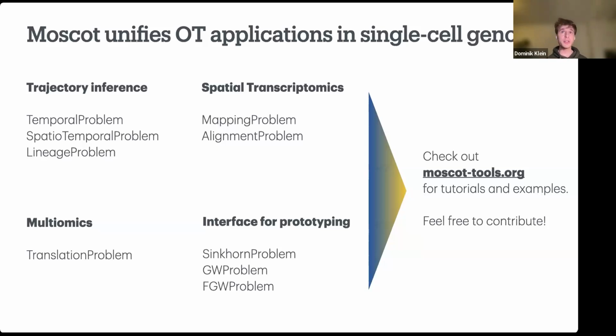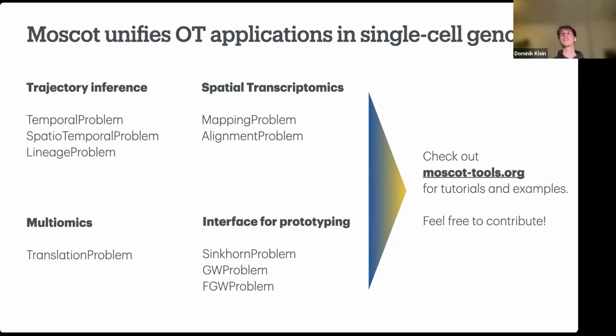We have applications for spatial transcriptomics, so the mapping problem for integrating dissociated cells with spatial transcriptomics, and the alignment problem for aligning spatial transcriptomic slides. We also have a translation problem, which builds upon Demetri et al., which basically translates between modalities using Gromov-Wasserstein. And we also offer interfaces for prototyping, which also take AnnData objects as input.